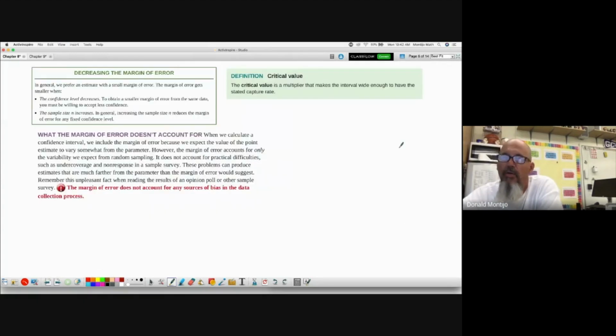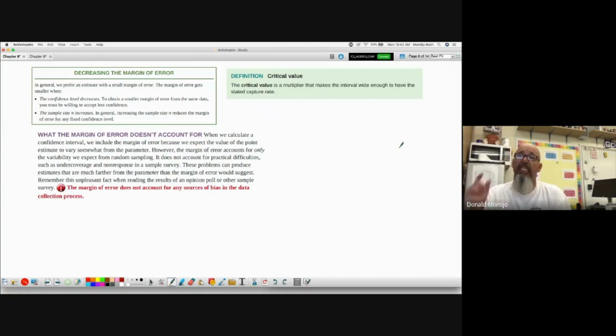Now, that margin of error can be very important. If I have a confidence interval with a huge margin of error, then what's the point of making the confidence interval? If I told you that somewhere between 2% and 98% of the people will vote for candidate A, then who cares? Why are we building the interval? So sometimes we want a very small margin of error.